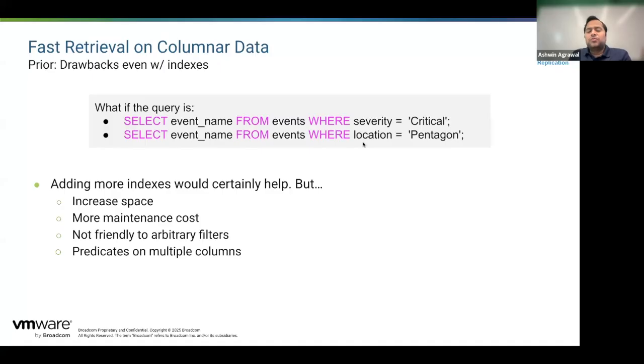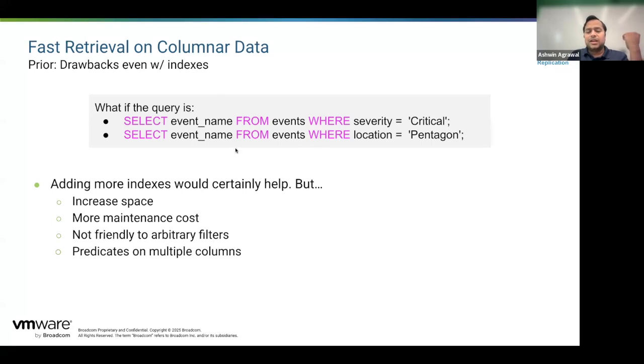So if any of the filters are on columns which don't have an index, it falls back to full sequential scans. You can only create indexes on a finite set of columns, and if you have ad hoc queries, the indexing method falls apart.